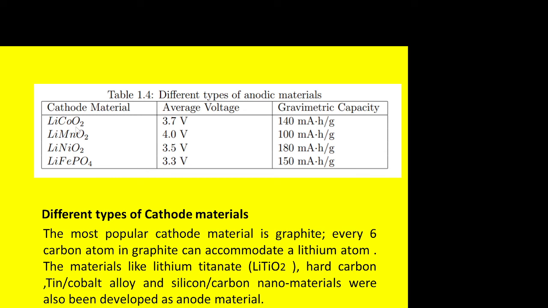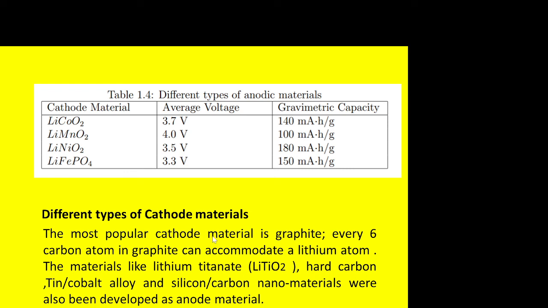If it explodes, it can explode like RDX, which can kill people. So lithium iron phosphate is not an explosive material, so this battery is used in automobile electrical vehicle batteries. Let us see the different types of cathodic material possible.